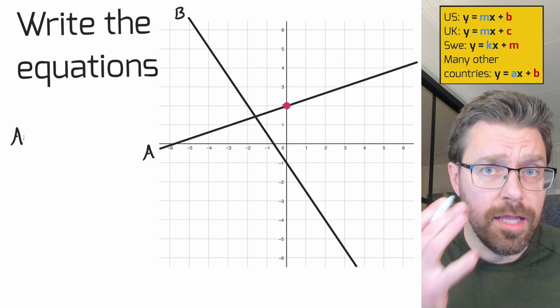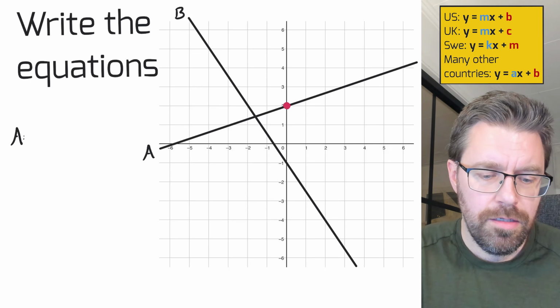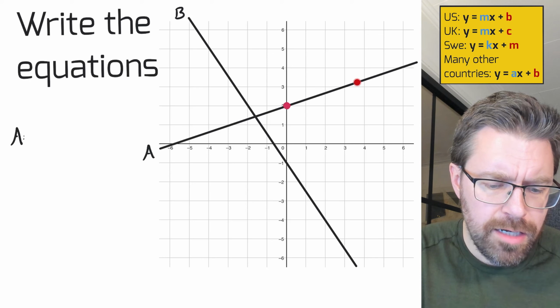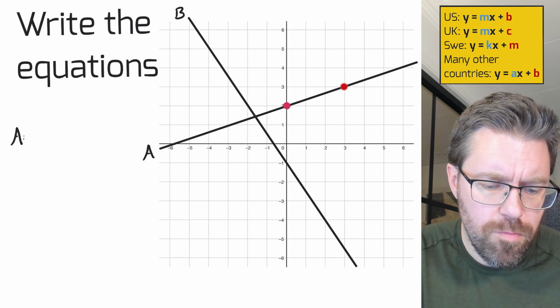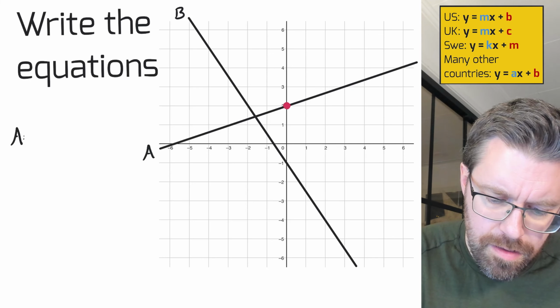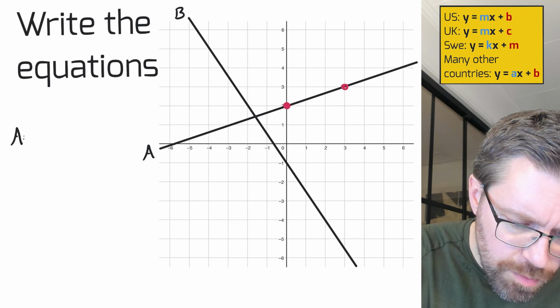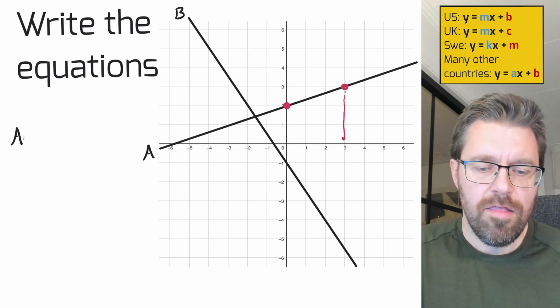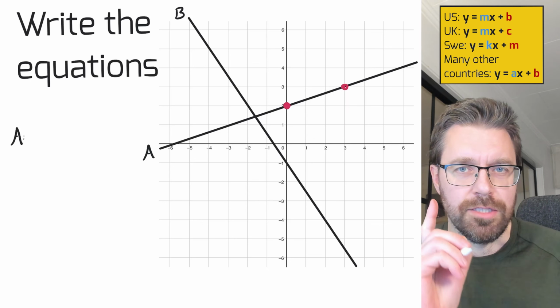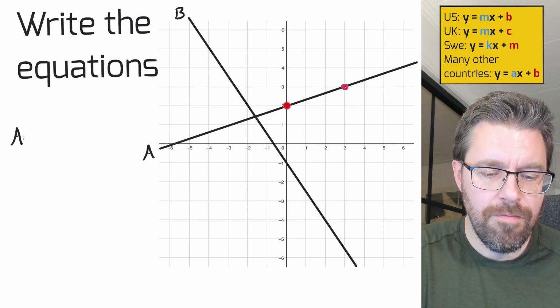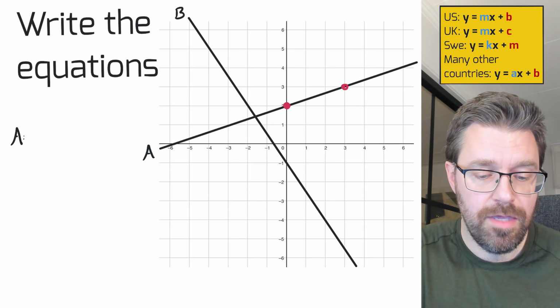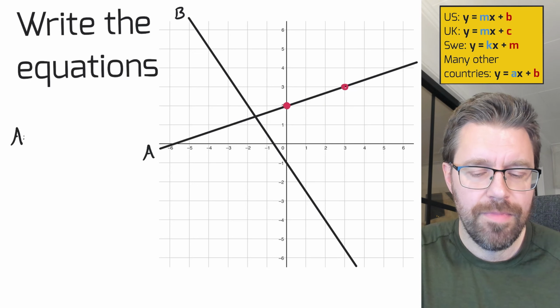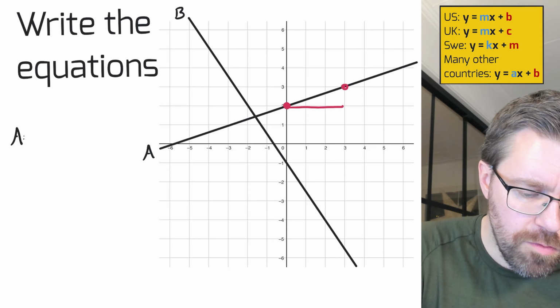I take another point that is easy to see exactly the coordinates of, like this one here. It is exactly 3 on the x and 3 on the y. Okay, so now I count the jumps. So from here to here, from left to right, jump, jump, jump. Delta x equals 3.